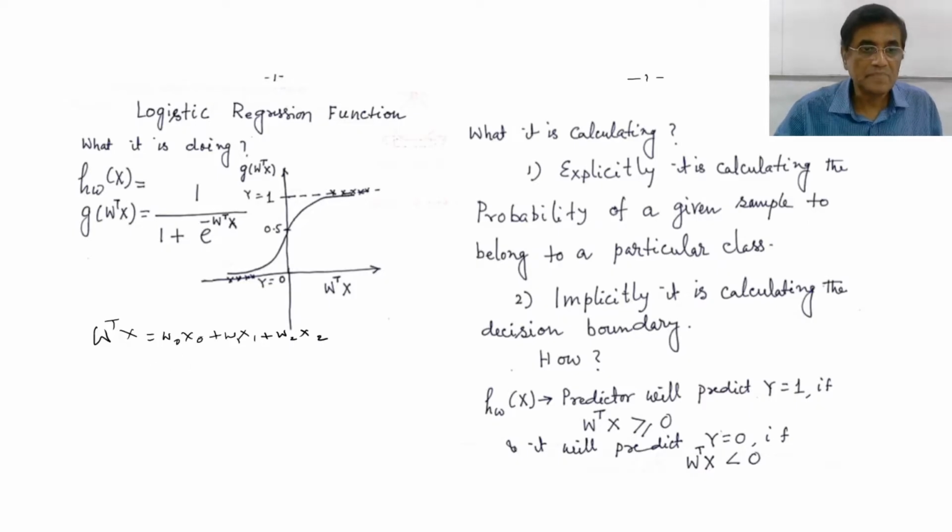So this is your predictor, that is W0 plus W1 X1 plus W2 X2. So e to the power minus W transpose X, 1 by 1 plus e to the power minus W transpose X, you can calculate, provided you know these parameters.